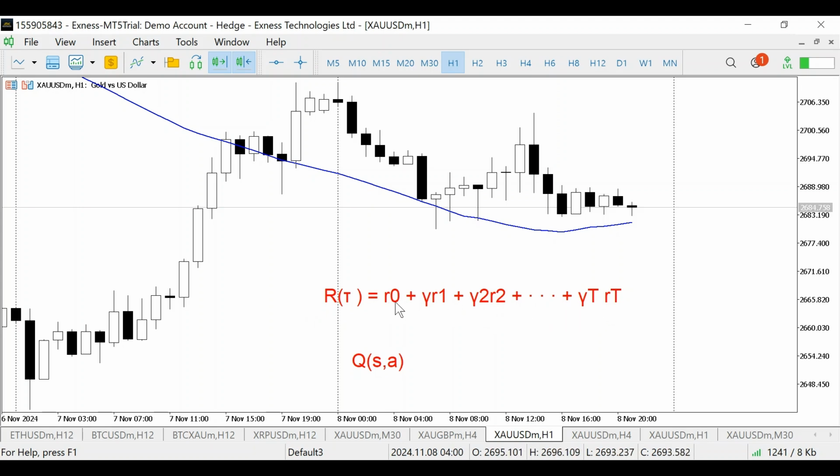Why? Because we want to discount the reward. The reward over here is not just simply multiplied by gamma. Gamma we choose; we want to choose how fast we want to discount. If we choose a very small value of gamma, then after 2, 3 candles, our reward will simply become very small.